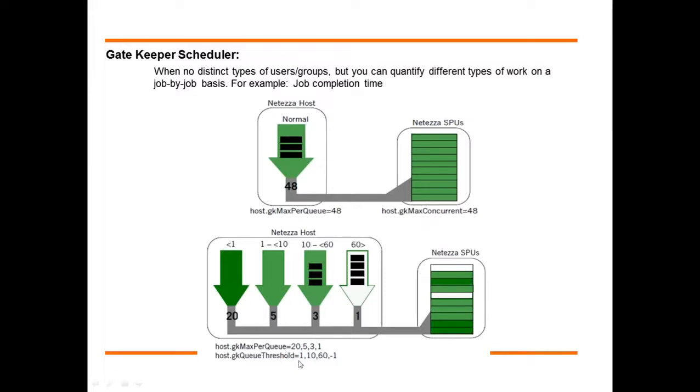Maximum per queue, what is the threshold? Here I am allowing 25 plus 29 jobs. I can match these up to 40. 20 for less than 1 minute, 5 for 1 to 10 minutes, 3 for 10 to 60 minutes, and greater than 60 minutes I have 1.